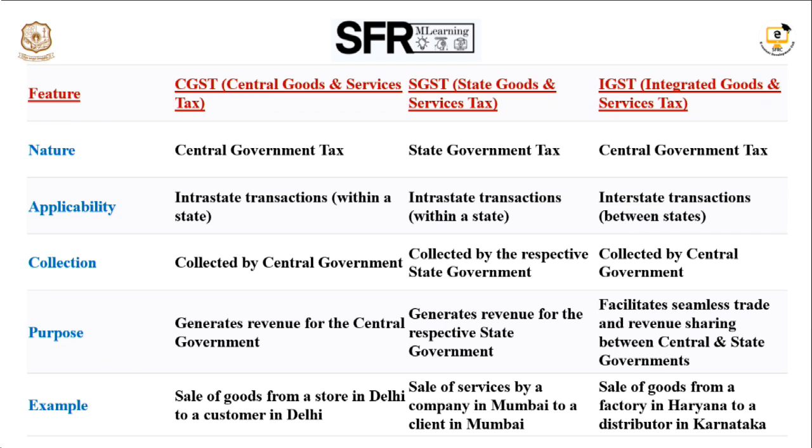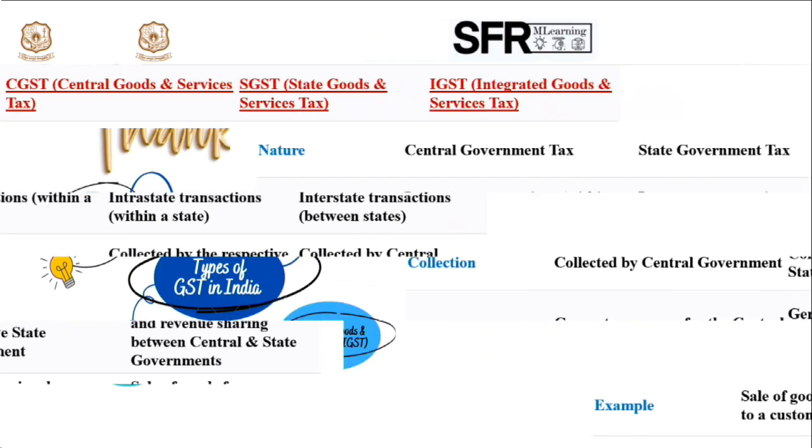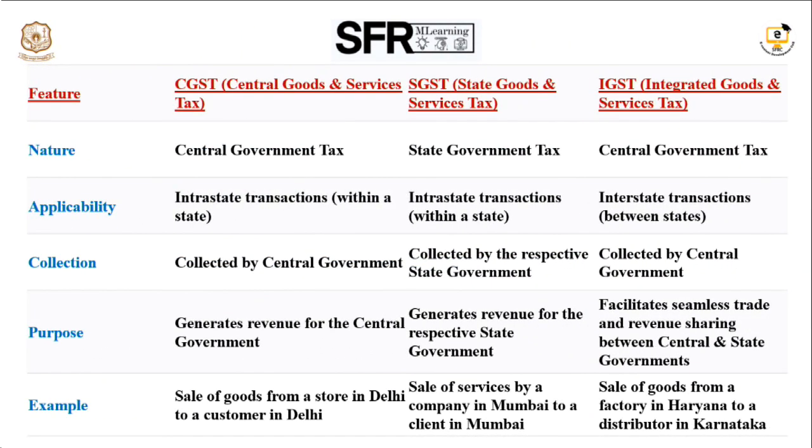And the third point of difference will be collection of tax. This CGST is collected by the central government and SGST is collected by the respective state government, whereas under IGST the tax is collected only by the central government. Next, fourth, the purpose of tax.